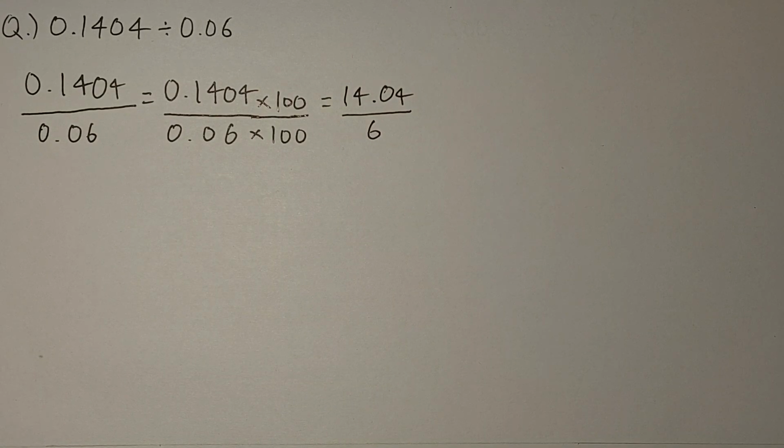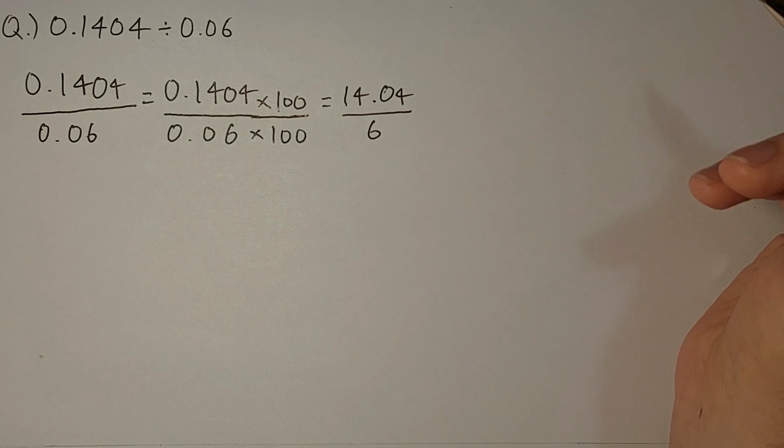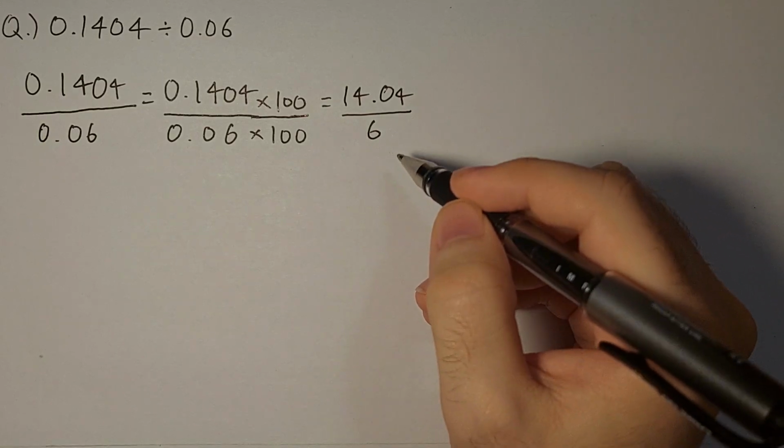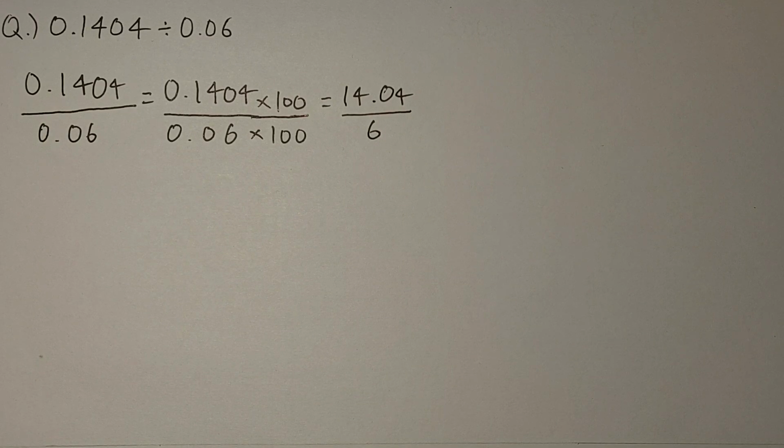This will give us 14.04 divided by 6. Now that the denominator is a whole number, it will become easier for us to divide these numbers.